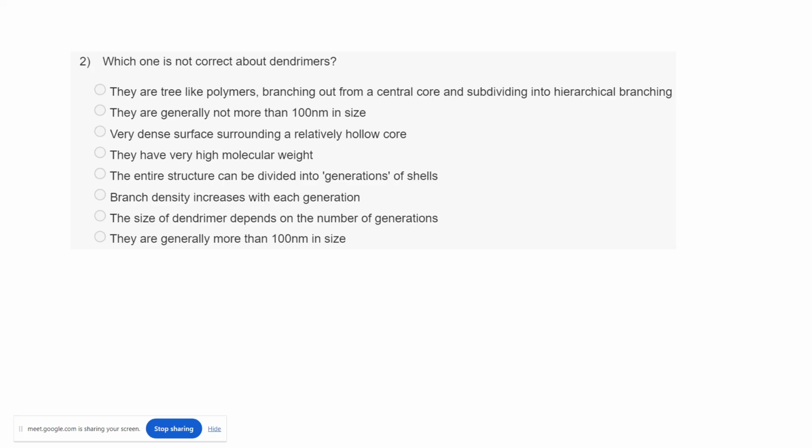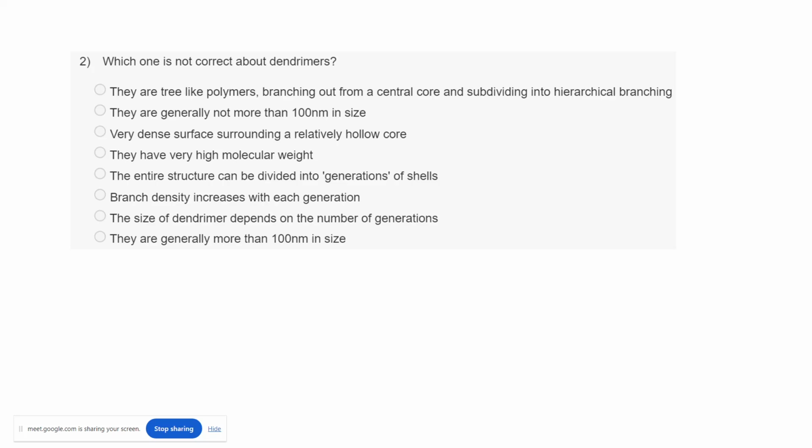Okay, here is the next question. Which one is not correct about dendrimers? The options are: they are polymers branching out from a central core and subdividing into hierarchical branching; they are generally not more than 100 nanometer in size; they have a very dense surface surrounding a relatively hollow core; they have very high molecular weight; the entire structure can be divided into generations of shells; branch density increases with each generation; the size of a dendrimer depends on the number of generations; or they are generally more than 100 nanometer in size.